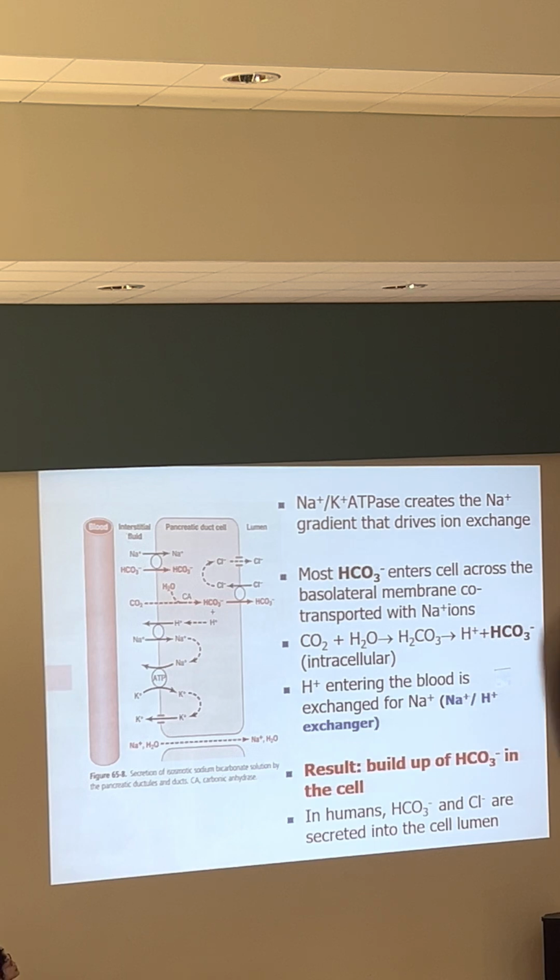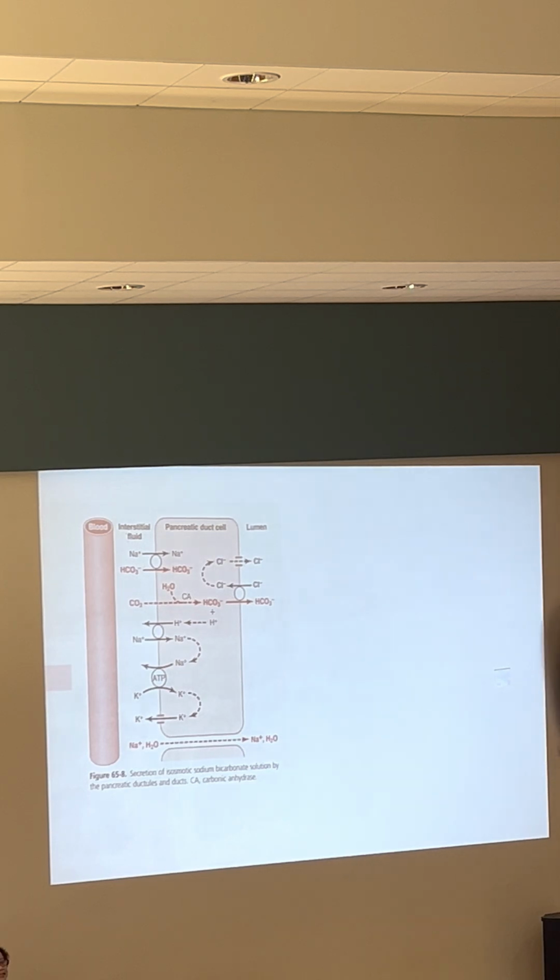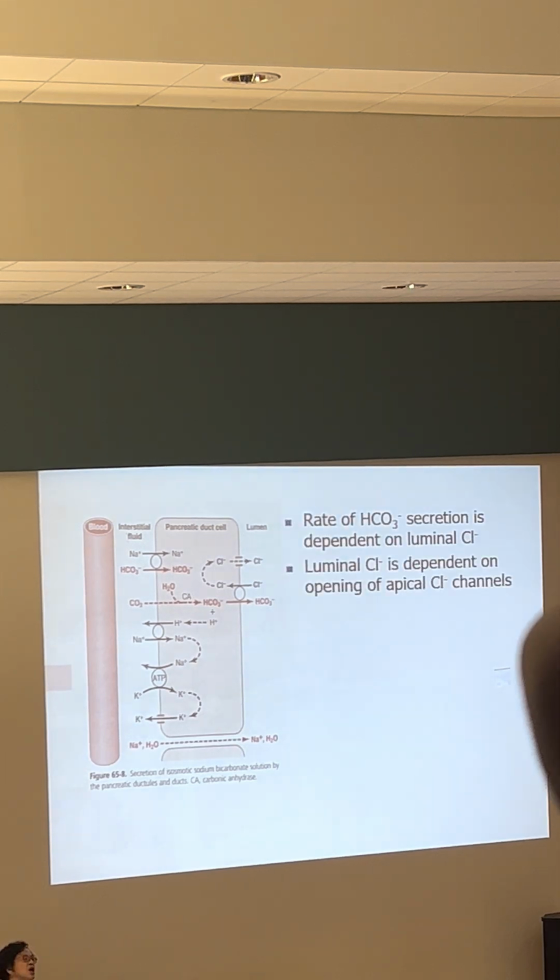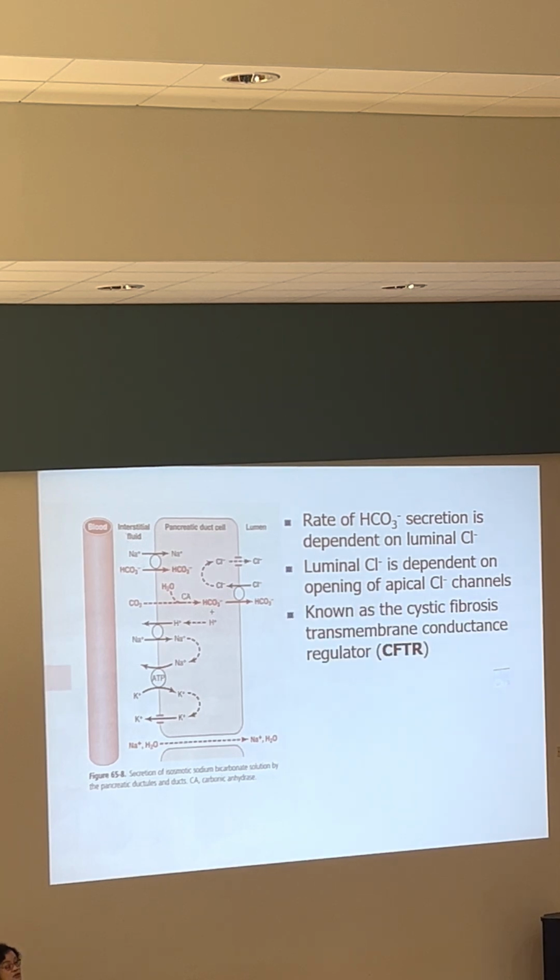We must have chloride in the lumen. And that is dependent on the chloride channels I mentioned before, and one of them that actually transports the chloride and bicarbonate is the cystic fibrosis transmembrane regulator that we have referred to already.